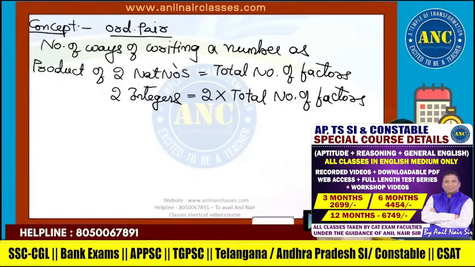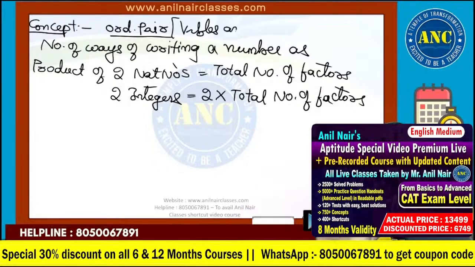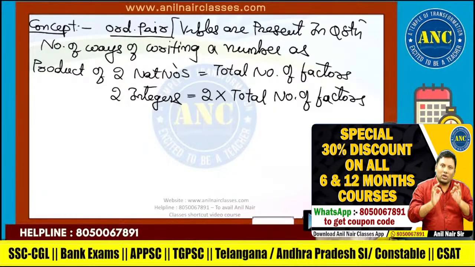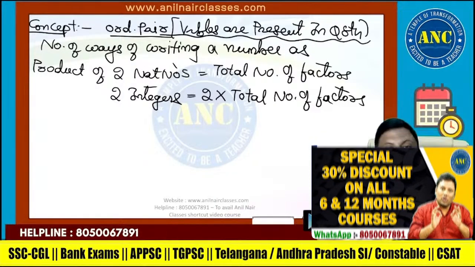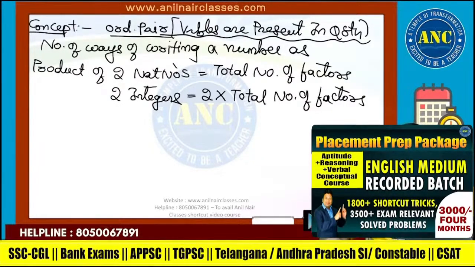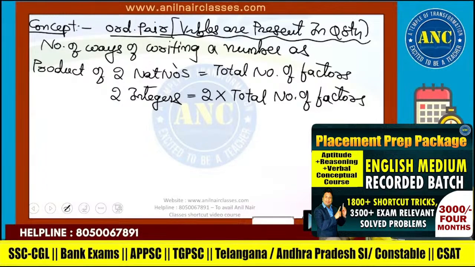If the word ordered pair is not there in the question but variables are present in the question, then you can make use of ordered pair. If any time you see variables in the question, then you can make use of ordered pair. Sir, what is the difference between this and this?